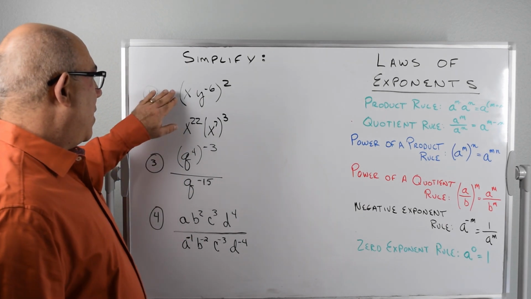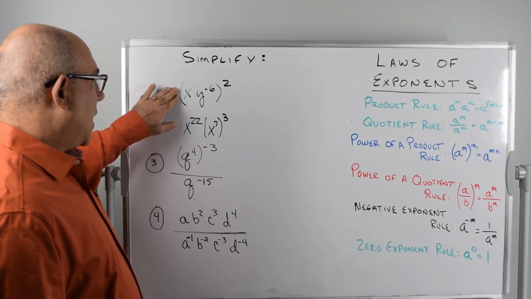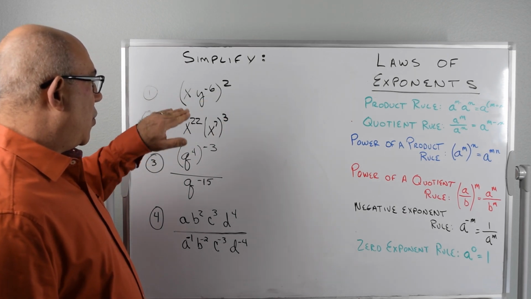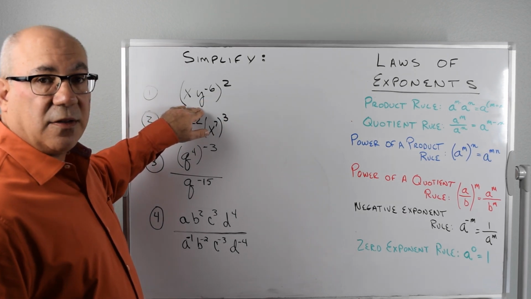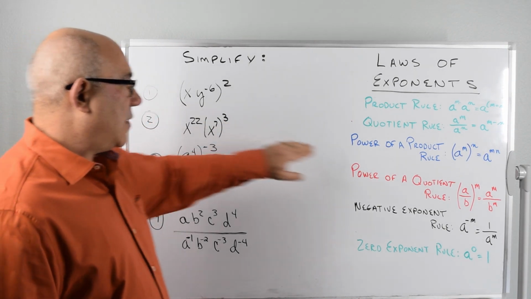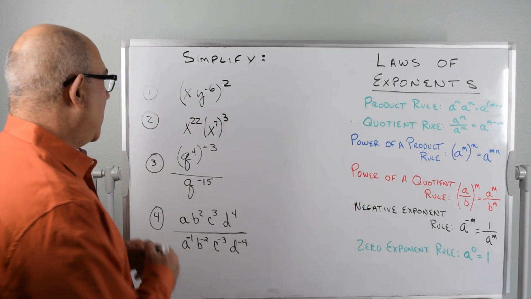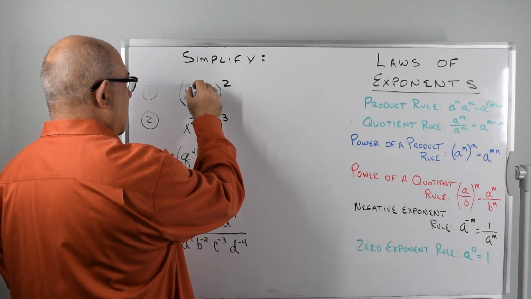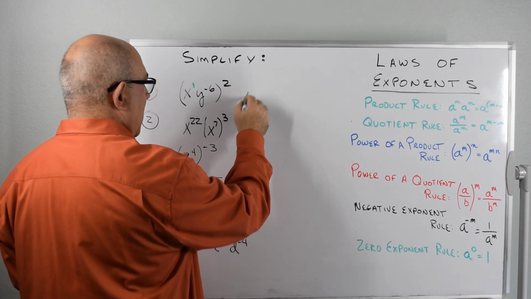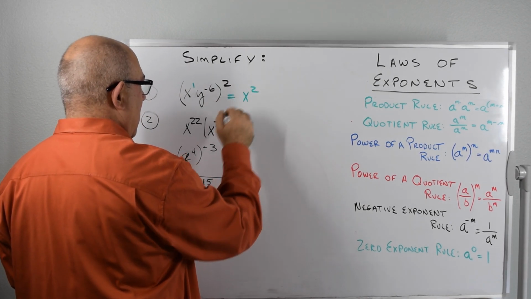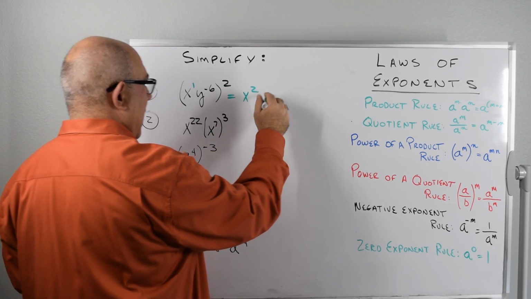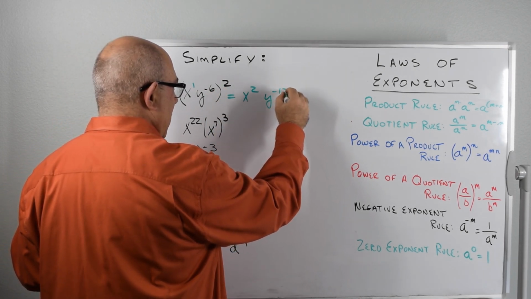So we have this one here, and again we have something in parentheses squared. So which rule do you think it is? I would say it's the power of a product rule. So in this case, we will multiply 2 times the exponent, which is here, which is a 1, and we get x squared. And then we have y to the minus 6 squared, multiply that, and it will be y to the minus 12.